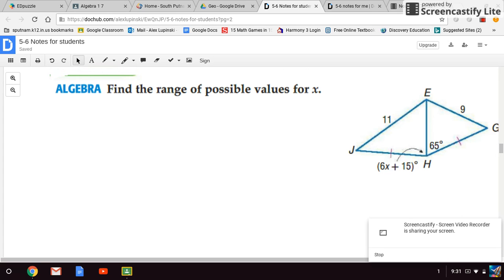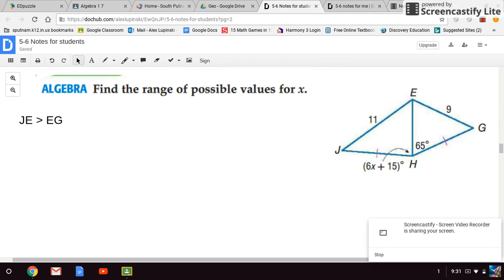Find the range of possible values for x. So this is a harder problem. So to start off, I'm going to type this stuff because it's neater. We have JE is larger than EG. Obviously, 11 is larger than 9. So we can say that JE is larger than EG.